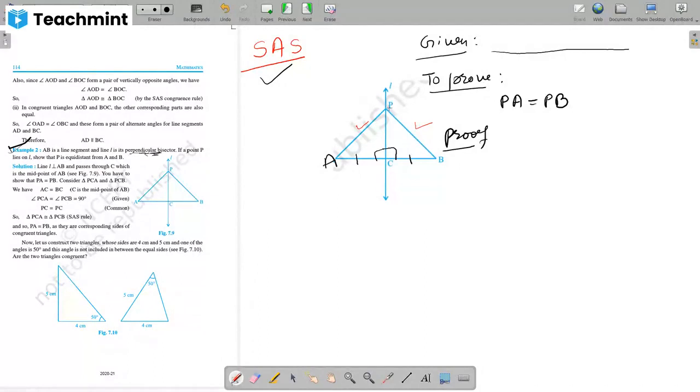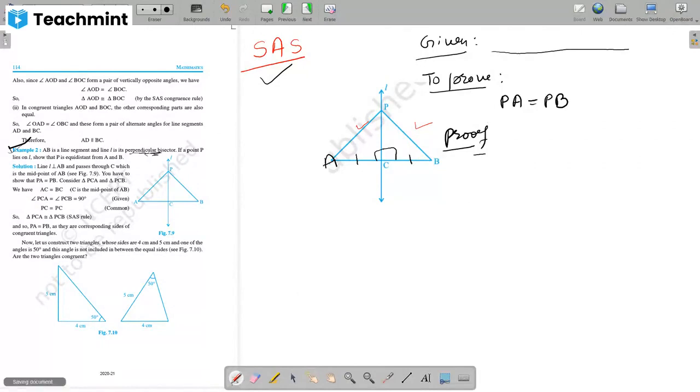Can you see my cursor? Yes, ma'am. Good. So here, we consider this triangle ABC and triangle BPC.